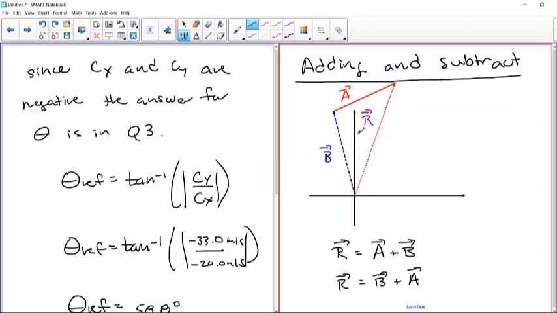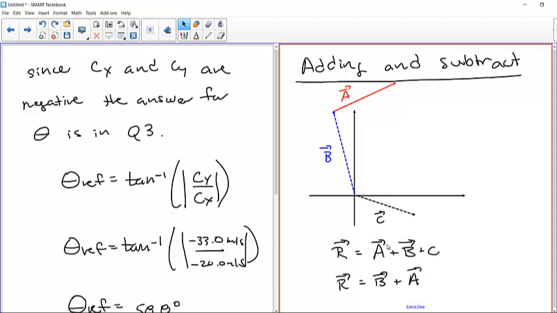And you can do more than two. If you had three vectors, let's put another vector here. Let's use black. So let's say this is vector C. Now if I add vector C, I have to get rid of this resultant vector because it's going to be different. Again, the order is not going to make any difference.